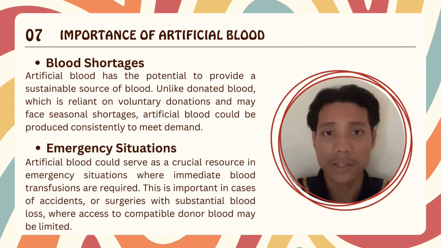Second, emergency situations. Artificial blood could serve as a crucial resource in emergency situations where immediate blood transfusions are required. This is important in cases of accidents or surgeries with substantial blood loss, where access to compatible donor blood may be limited.